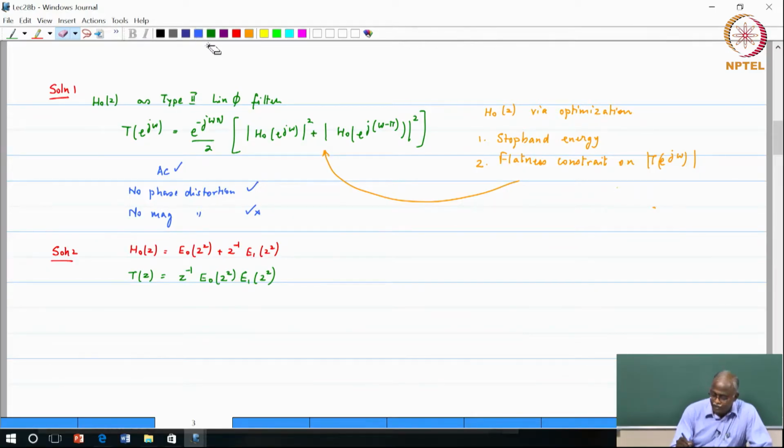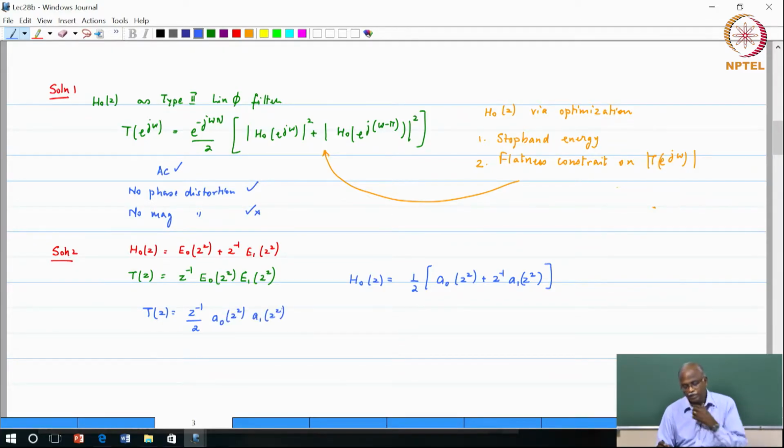So we did manage to demonstrate that you can do H naught of Z to be equal to 1/2 of A naught of Z squared plus Z inverse A1 of Z squared. Basically the polyphase components are all pass, which gives us T of Z to be equal to Z inverse by 2 A naught of Z squared A1 of Z squared.